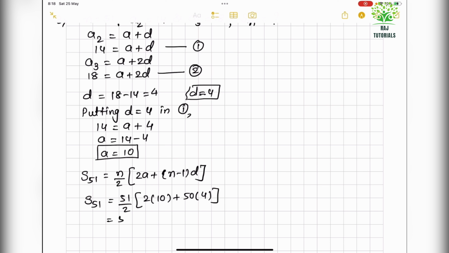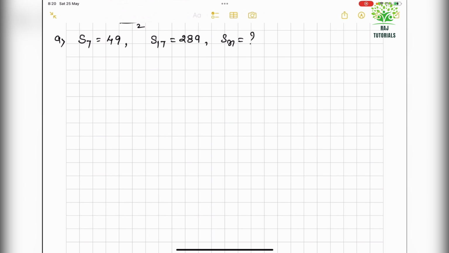So this will be 51 upon 2 into 20 plus 200. So 51 into 220 upon 2. So that will be 51 into 110. So 5610.